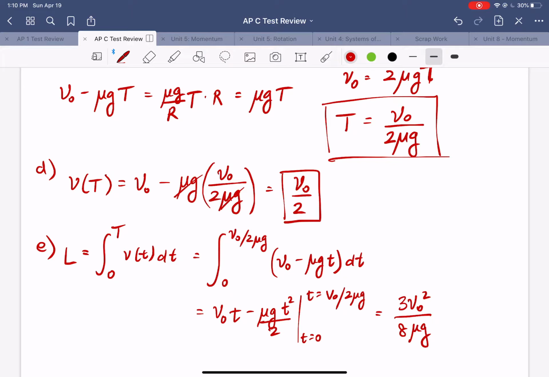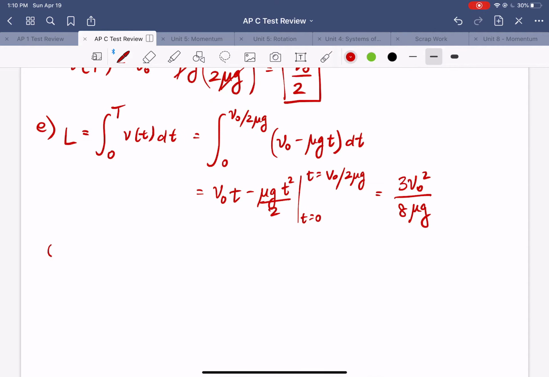All right, you may be wondering if there's an easier way to get the answer to part E, and it turns out fortunately there is. Since the ring is undergoing uniform acceleration, we can simply say that L is going to be equal to the average velocity times t. So think about what the average velocity is. We're going from initial speed of v0 to a final speed of 1/2 v0.